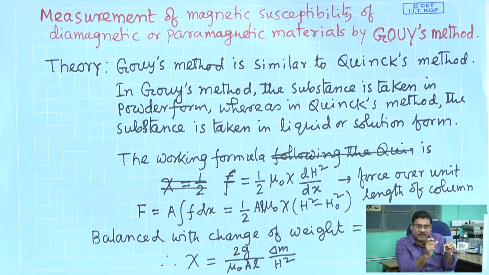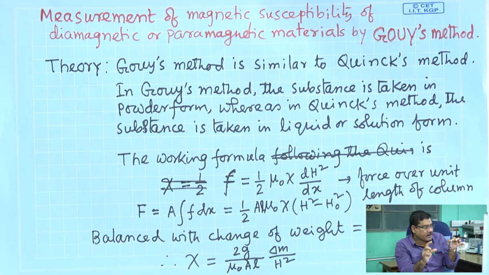So, the sample should have the length, either in liquid column or the solid column. The reason is that there should be variation of the magnetic field over the space. That means the sample has to be in inhomogeneous magnetic field. That is the reason the sample shape, either liquid or solid, has to be in column form or tube form.